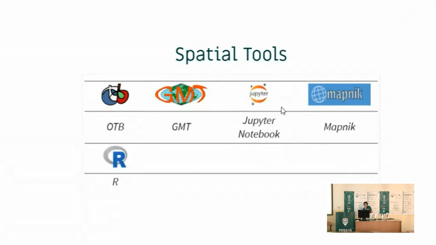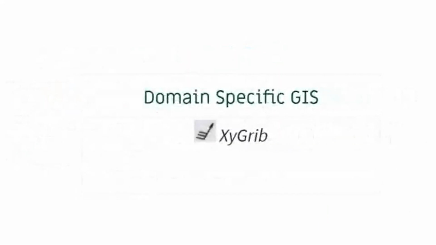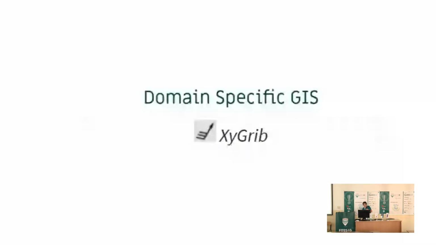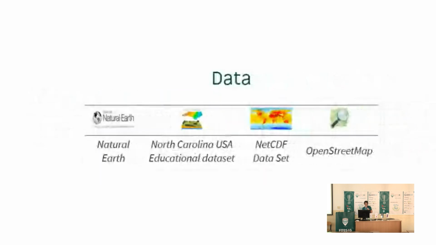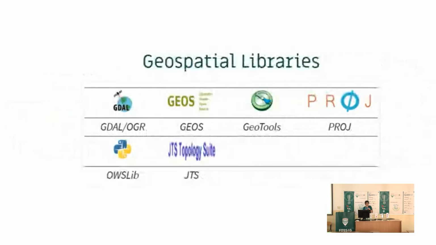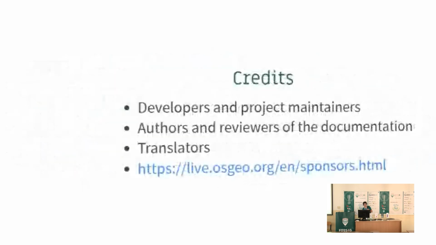We have many Jupyter notebooks that you can try, for example. And we have domain-specific GIS applications. Then we have data sets, as I already said, so you can try everything already with these different data sets. And we have geospatial libraries with examples, for example, for PROJ or GEOS to work with the data.